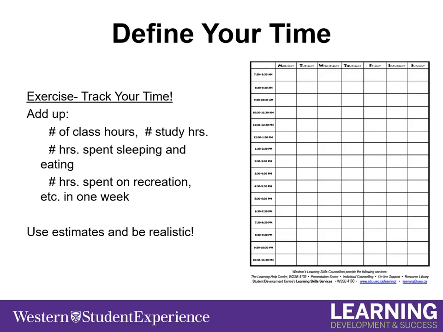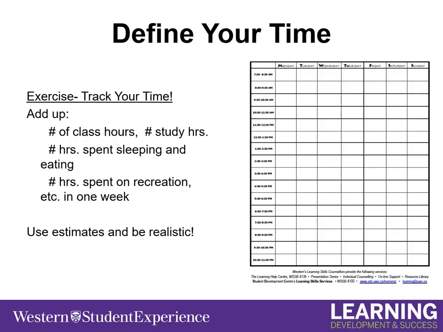Add up all of your class hours, remembering that 1 lecture time to 1 to 3 hours outside of lecture for learning, that ratio. Those are the study hours that you're going to add up. When are you sleeping? When are you eating? When are you getting outside, doing some activities, exercise?